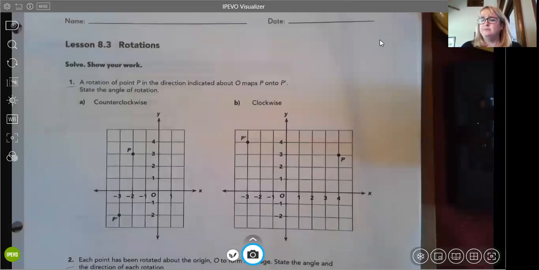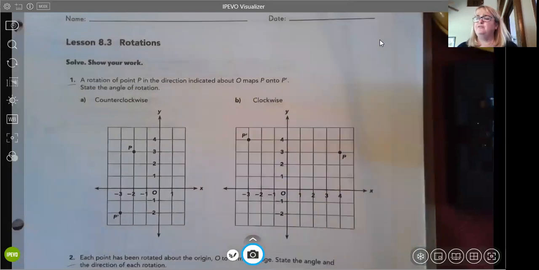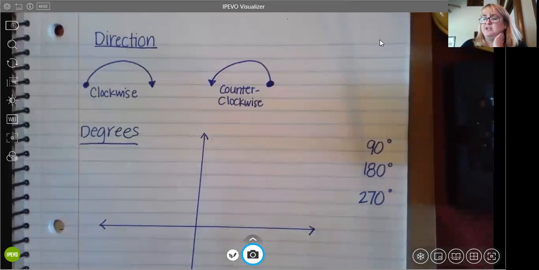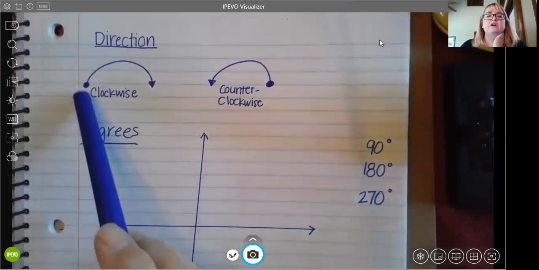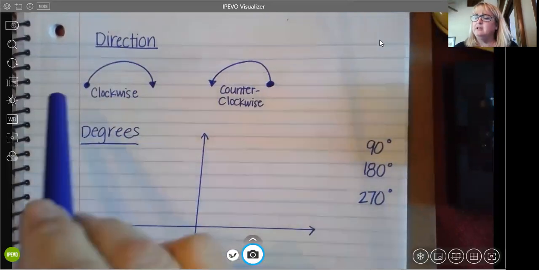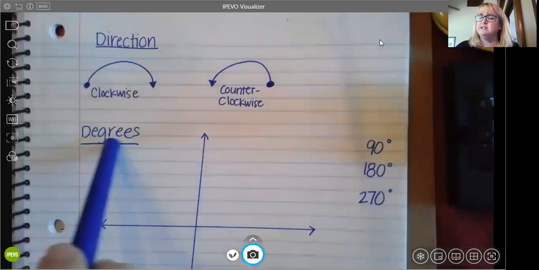So there are certain things that we need to know before we get into our assignment. Let's look at a few key things. The two things that I want to look at are direction and degrees. When we're talking about a rotation, a turn, you can move clockwise. If you are familiar with an analog clock, the hand moves to the right in a circular motion.